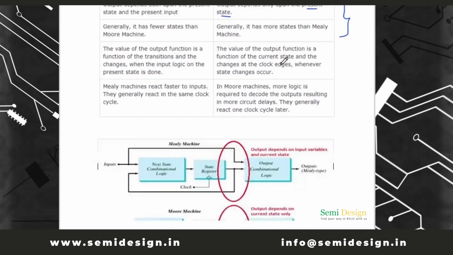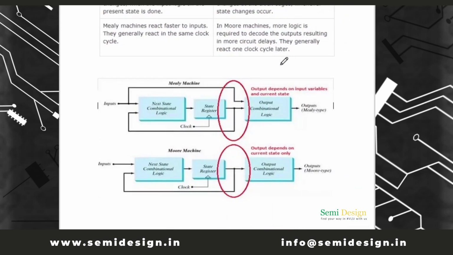Now we will see this point by using this block diagram. As you can see on the screen, these are the block diagrams for Moore and Mealy FSM. In Mealy FSM, this is the output, this is the present state, which is sequential in nature, and this is the next state logic, which is combinational in nature.